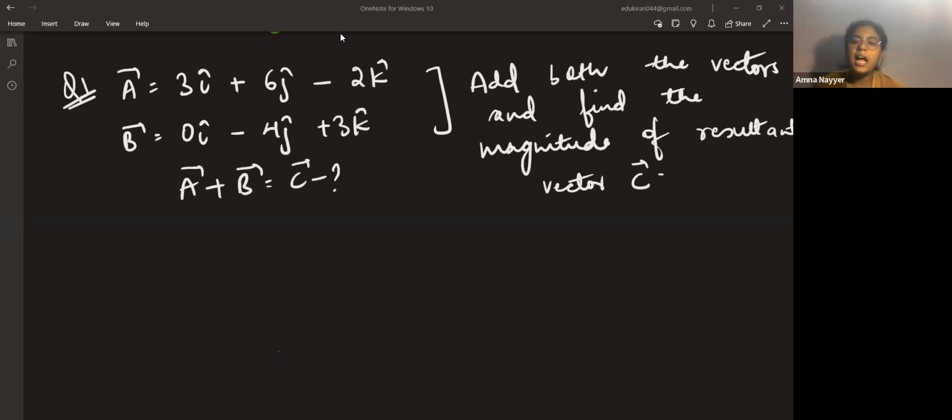See, when we are adding these two vectors, others, if you are on your way to find the answer, complete it, and while I'm discussing, tell me in the chat column. When we are adding these vectors, it says that A vector plus B vector gives you C vector. This is what the question is saying.